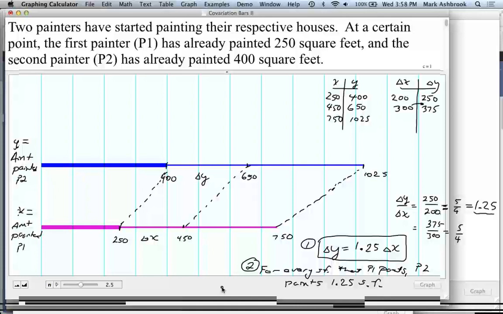Same? How about this table? So another one was mentioned. Do you have another one? Someone said painter 2 is painting 1.25 times as fast as painter 1. What do you think of that?